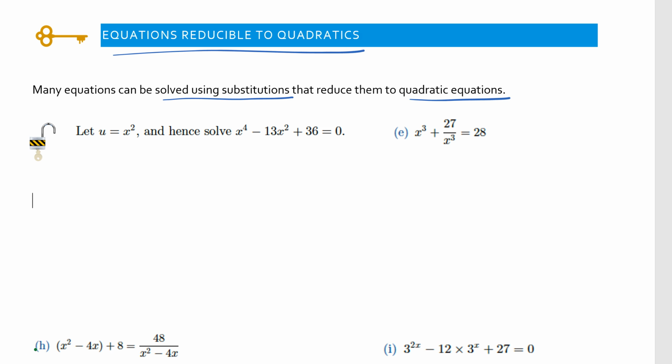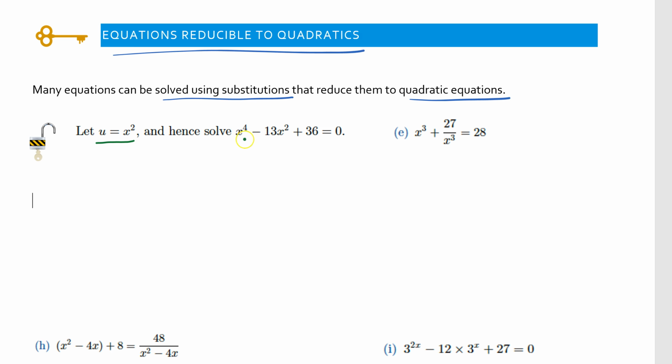I'll do the first example fully formally by making the substitution, and after that I'm going to expect you to do it without a formal substitution. For this first one, we let u equal x squared. This is where the key thinking is. How do I know to let u equal x squared?